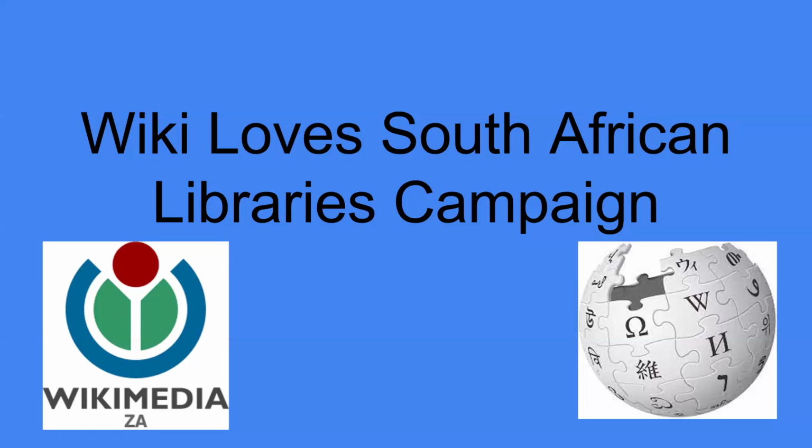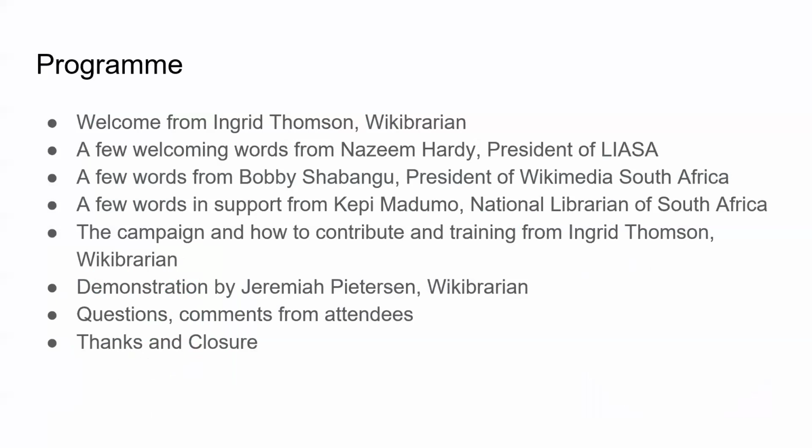So the program essentially for this session looks like this. A few words of welcome from me, and then I'm going to hand over to Nazim as president of LIASA to say a few words, and then to Bobby Shabango, who's from Wikimedia South Africa. He is the president of the chapter.